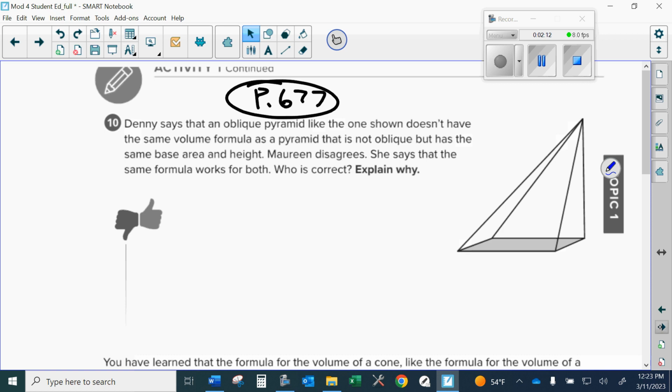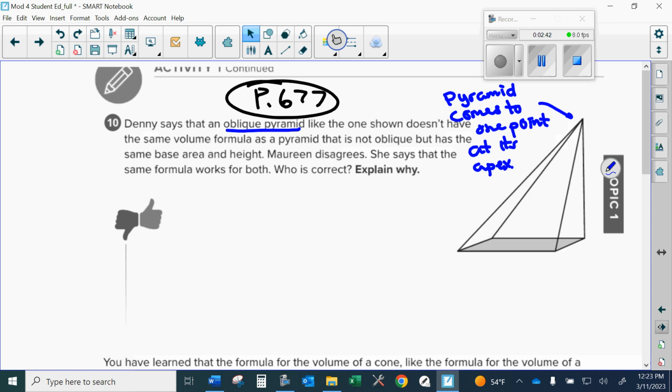Denny says an oblique pyramid. Remember oblique is an angle, so we see it's at an angle, and it's a pyramid. A pyramid comes to one point at its apex, at the top there.